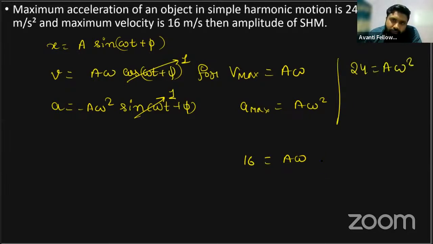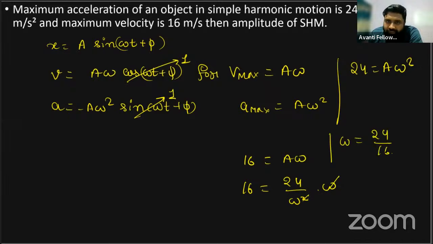Now what you can do, you can put the value of A here. So A is 24 by omega square. 16 equals 24 by omega square into omega. Omega and omega will cancel one power of it. So omega that you have is 24 by 16. Just multiply it with this.